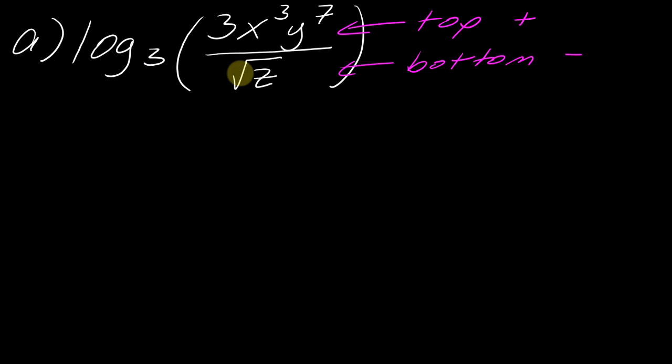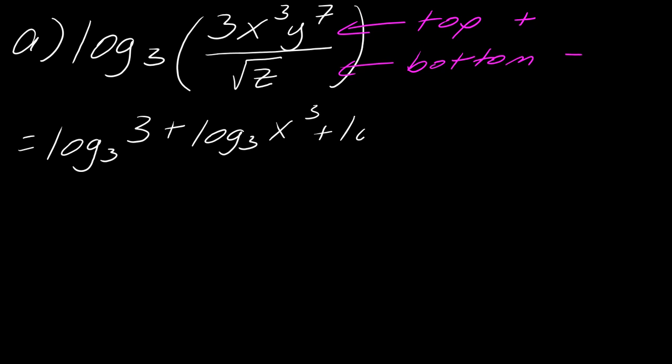If I'm trying to expand this expression using the properties I previously talked about, notice all the stuff on top is being multiplied together and then it's being divided by the square root of z. So you can just write this out. Log base 3 of 3 plus log base 3 of x cubed plus log base 3 of y to the 7th minus log base 3 of the square root of z.